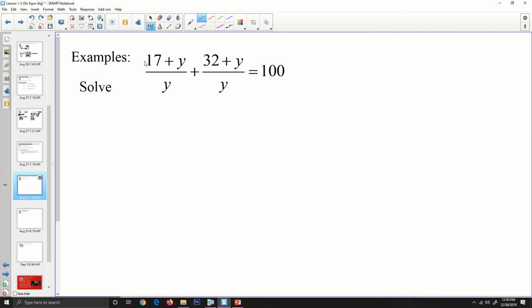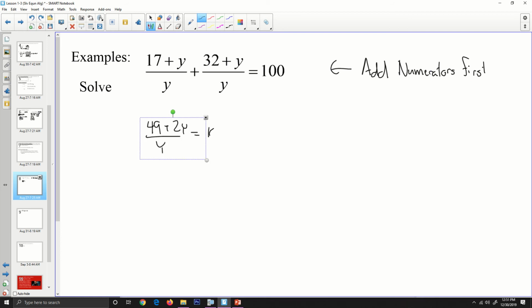And so if we look at this equation right here, I have a common denominator. So what I'm going to do here is they want me to solve this. Since I have a common denominator, I think I'm going to add numerators first. And then 17 and 32 will give me 49 plus 2y all over y equals 100.